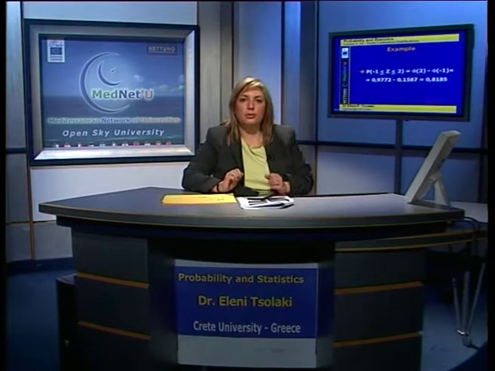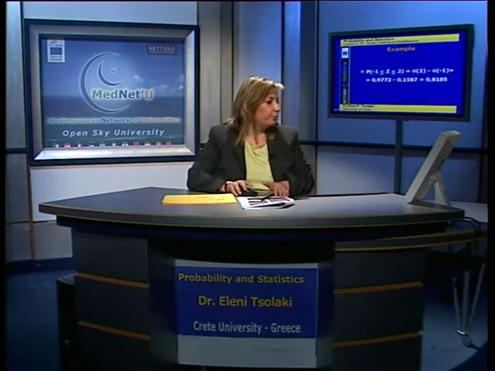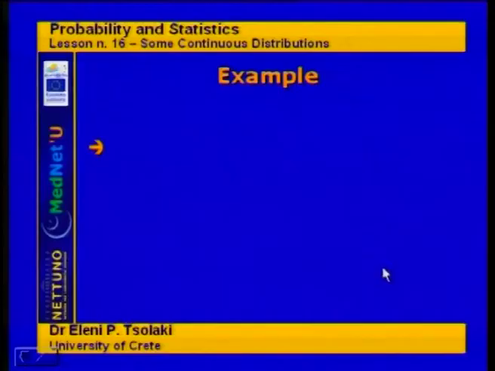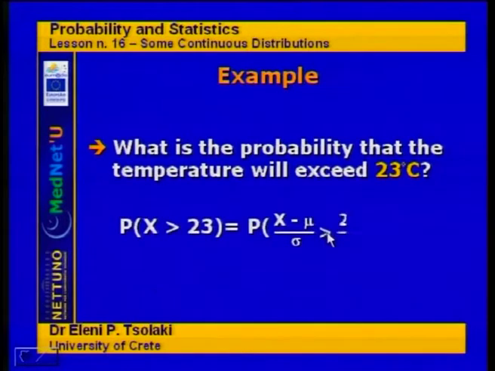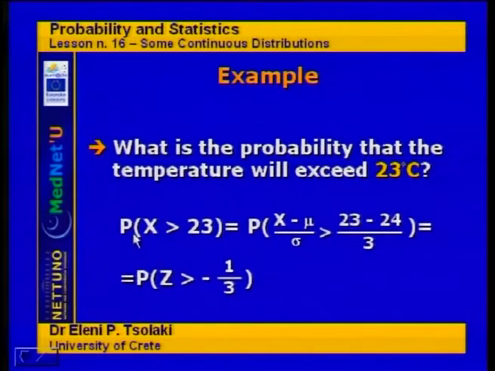So the next probability we are looking for is the probability that the temperature will exceed 23 degrees Celsius. So we're looking for the probability that x is greater than 23.